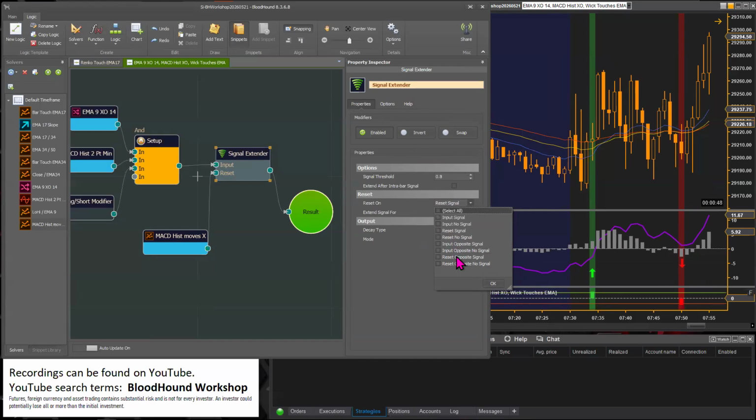It's not going to be reset signal, it's going to be reset opposite signal. Oh, no, not opposite. There we go. Selected the wrong one. Reset opposite signal. Okay.